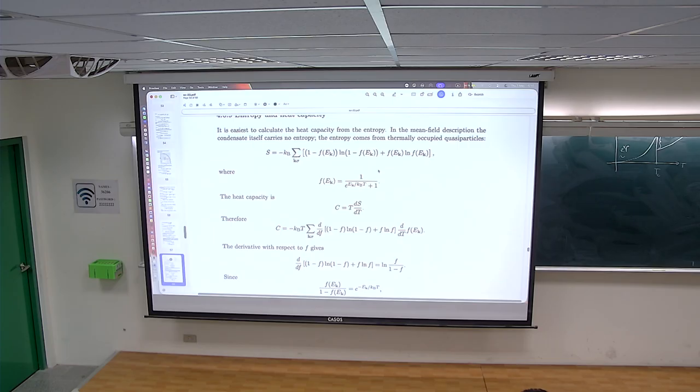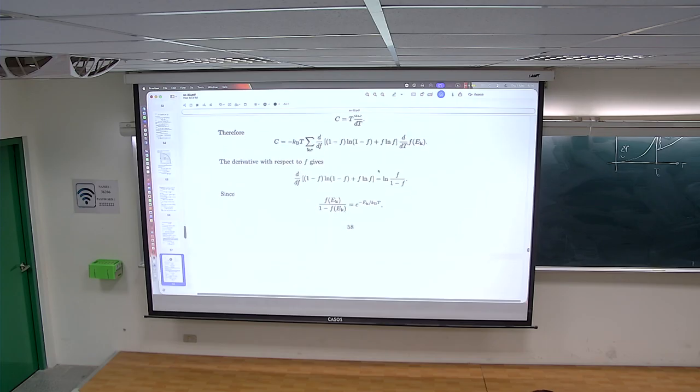Actually 1 and 2 is the spin, but I'm not talking about that here. So I need to calculate the derivative of the entropy with respect to the temperature.